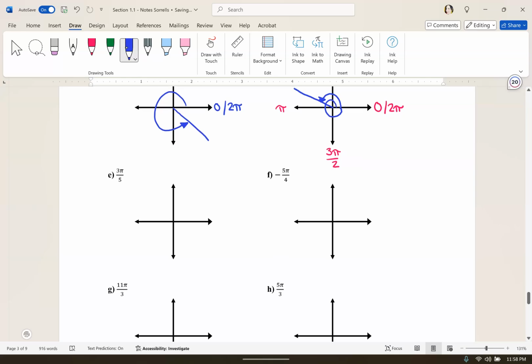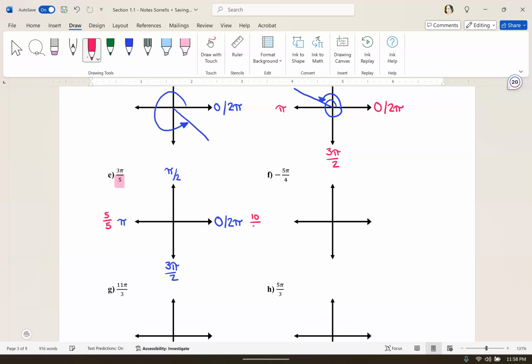E is 3 pi over 5. So I know that this is 0, pi over 2, pi, 3 pi over 2, and 2 pi. Looks like I'm switching back to my pink now because this denominator is 5. So I know that this would have to be 5 over 5 to get the 1.